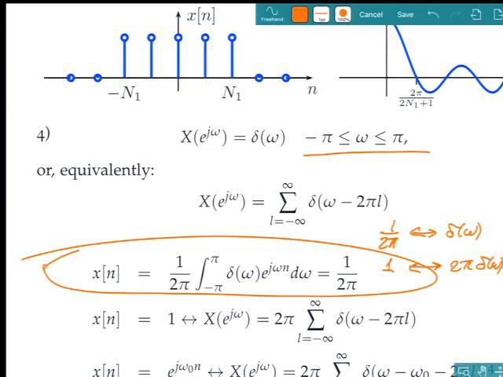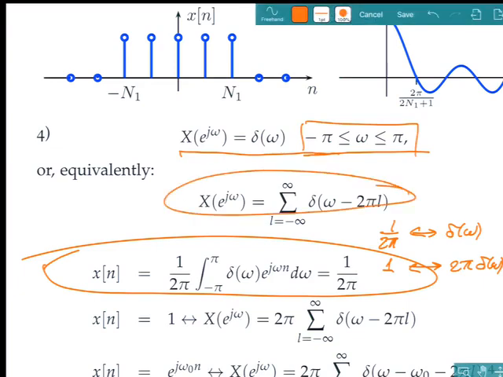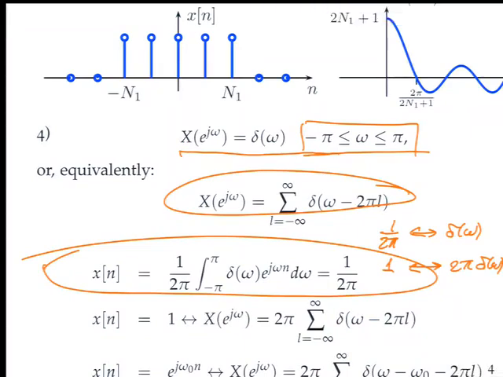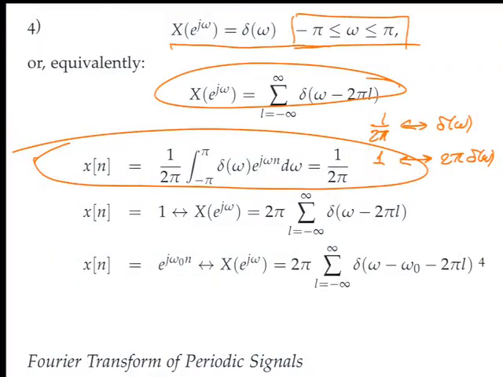Okay, so that's why I said let X be defined this way in this interval. But really what that means is X has this form. It's a train of impulses with period 2 pi, right? Anyhow, you do the integration in the synthesis equation over a period, so the copies don't bother you, and you get a constant, okay?